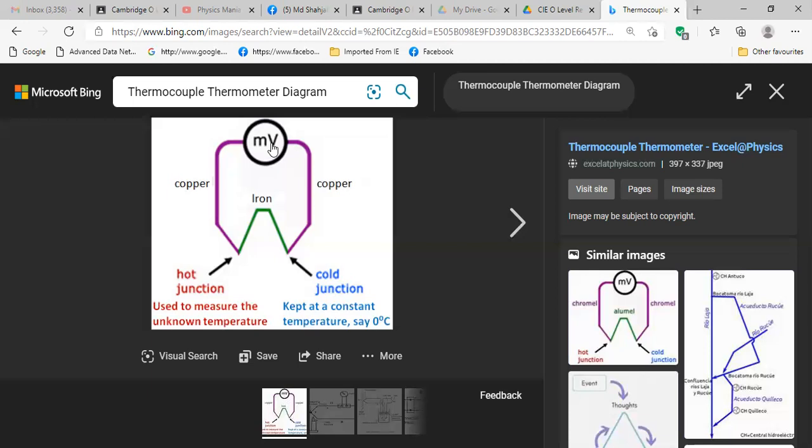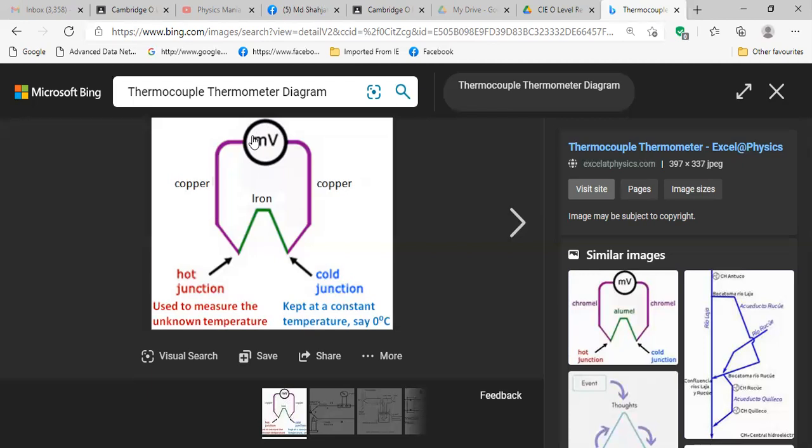So for 1000 degrees Celsius, there might be 10 millivolt. So 1 millivolt for 100 degrees Celsius, and 0.5 millivolt will be for 50 degrees Celsius.